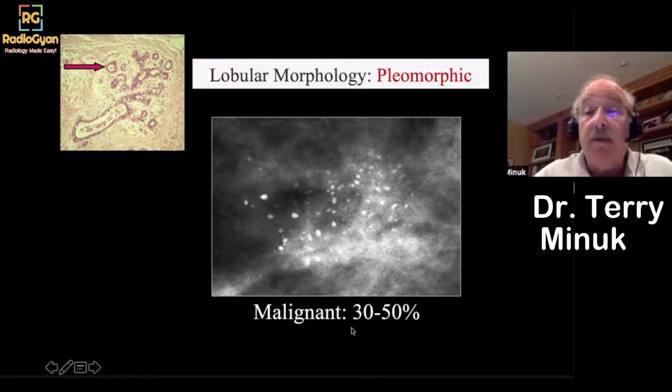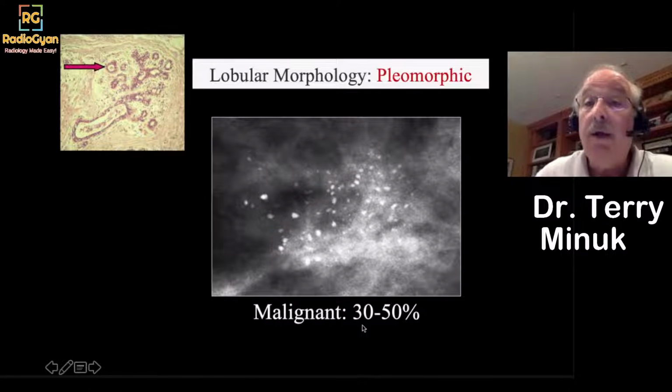The risk of malignancy in my hands is 30 to 50%. If you biopsy every calcification you see, your risk of malignancy might be 20%. And that's because you're biopsying too many calcifications. And in the US, they tend to biopsy a lot of calcifications. It's a litigious country. People tend to be overcautious. They biopsy more calcifications than it's necessary to biopsy.